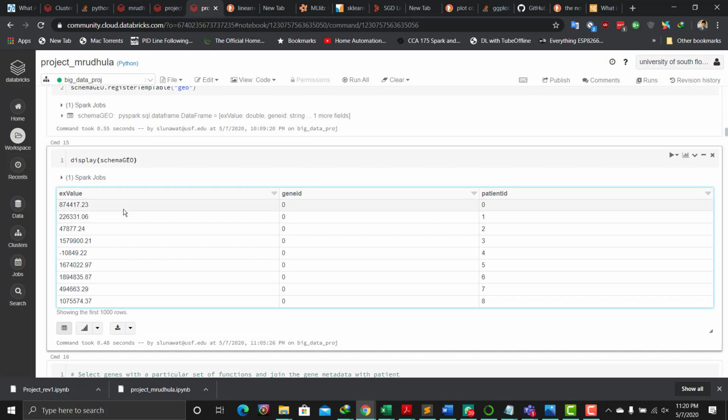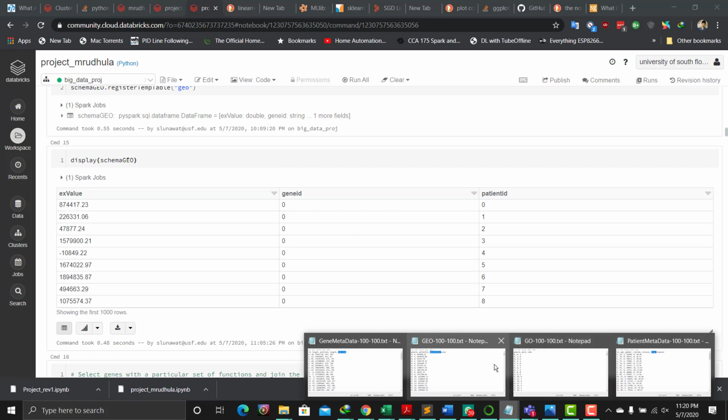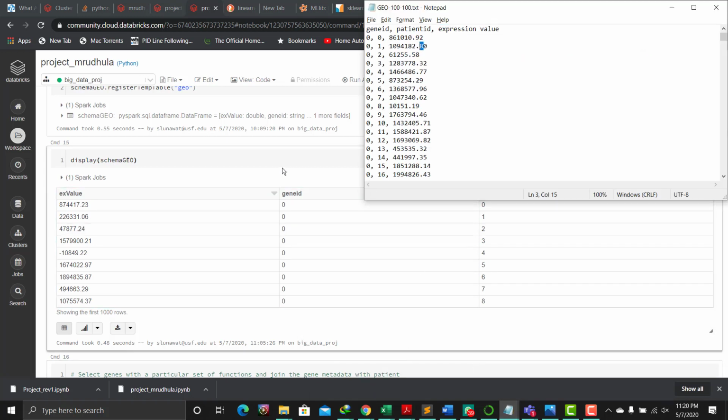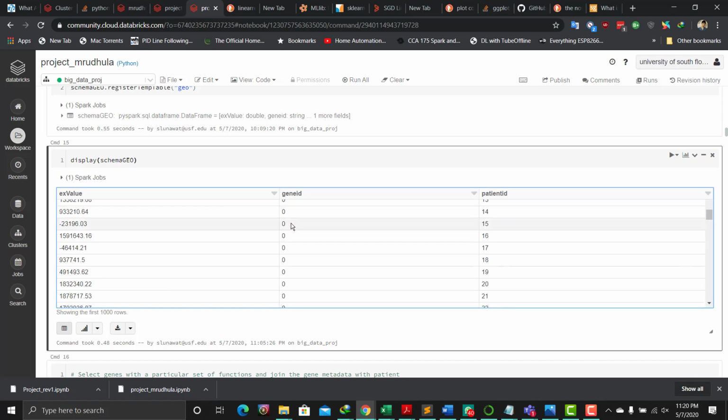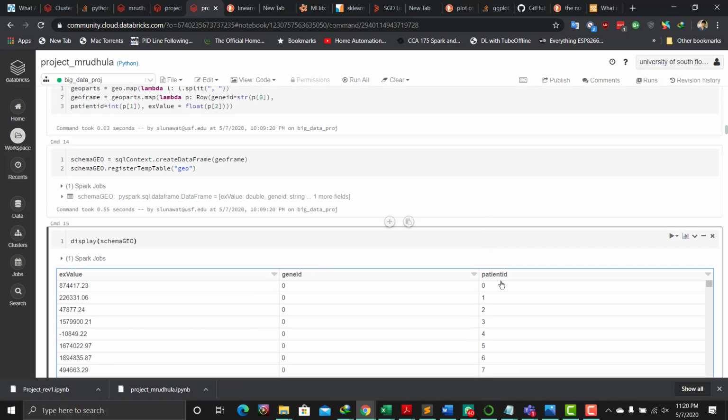We first take the gene omnibus data, which is right here, and we try to join it with the patient metadata and the gene metadata. As you can see here, we have this genome omnibus data, and we have several gene IDs in here, and all these gene IDs are also linked to the patient IDs right here, and each gene ID and patient ID pair has its expression value.